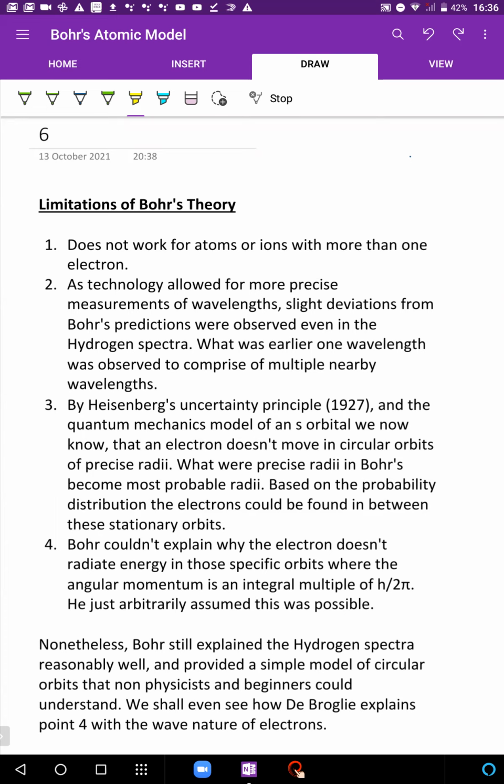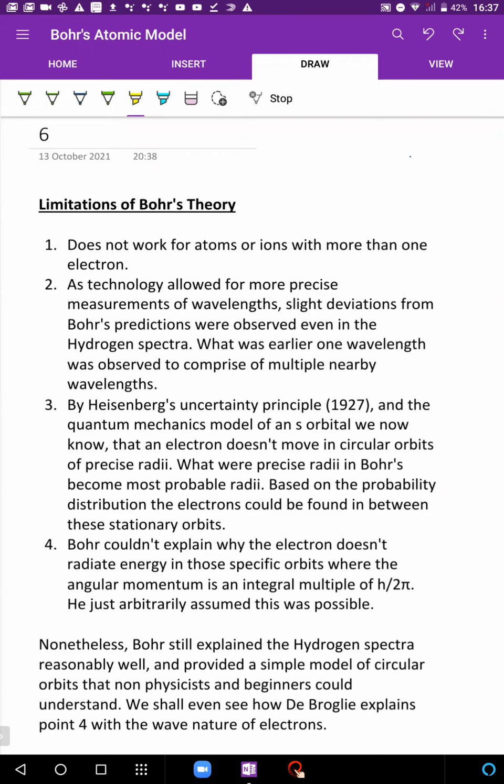So there is that sense of movement, and it does tend to pick certain distances where it does not radiate energy as expected by Maxwell. It moves not in a circular orbit, but in a more spherical kind of orbit. The plane of the circle is not fixed, so it could change the plane in which it is orbiting.